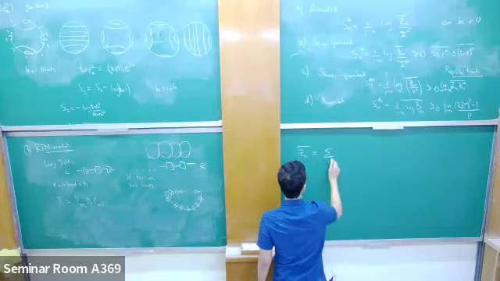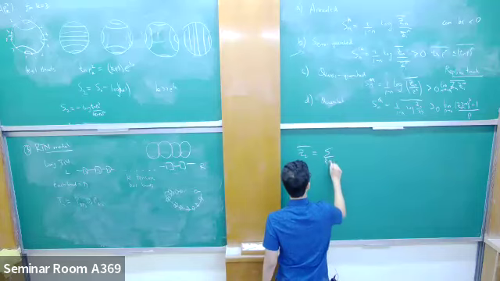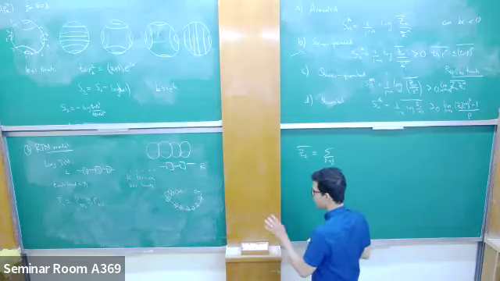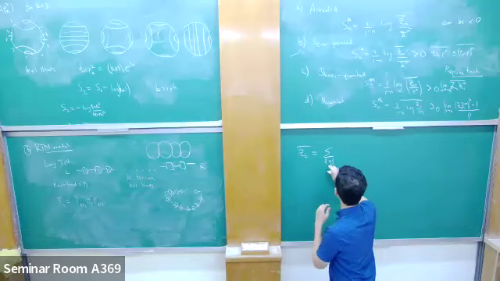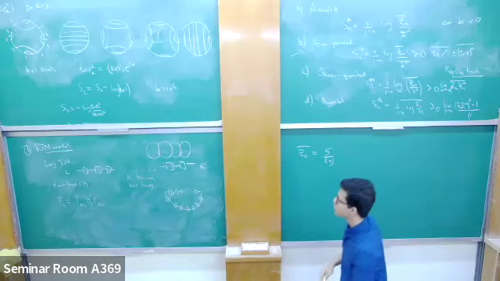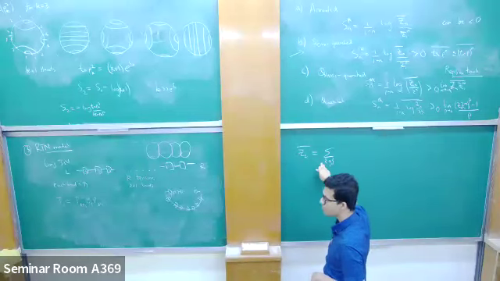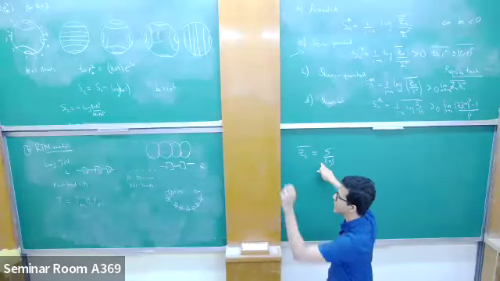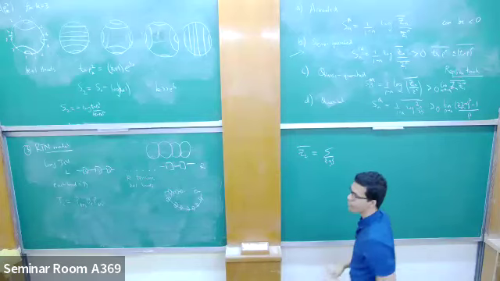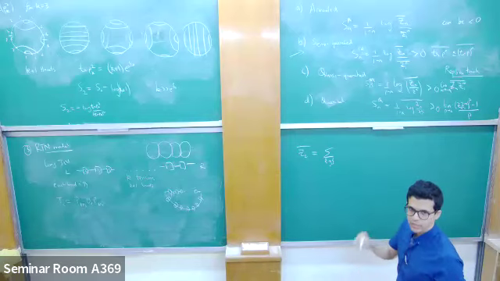Z2 averaged is given by a sum over all possible configurations. In general, Zn is given by a sum over all configurations, where at each vertex we have all possible permutations, and we sum over those with some particular weight. In the case of Z2, there are only two permutations: the identity and the swap.